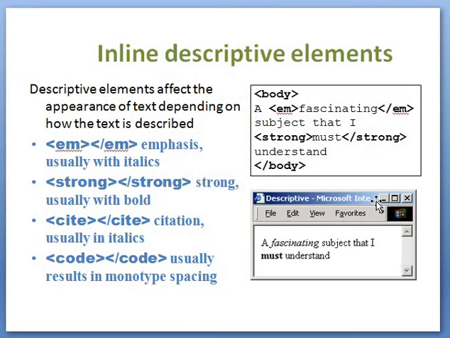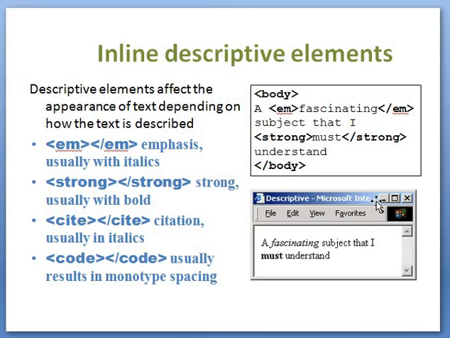Now we see the inline descriptive elements. Descriptive elements affect the appearance of text depending on how the text is described. EM tag, which is used for emphasizing the text with italics. Strong tag, which is used to make the text strong with bold letters. Cite tag, which is used for creating citations in italics. Quote tag, which is used for monospacing.